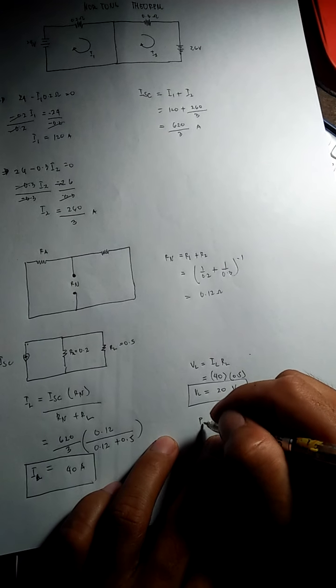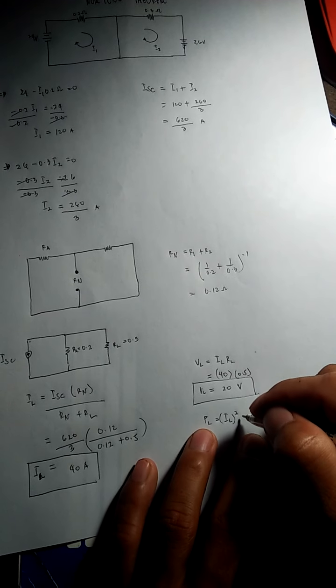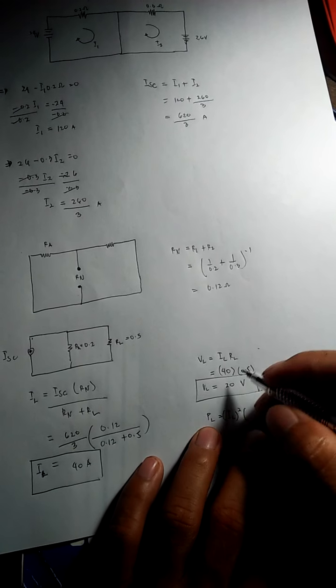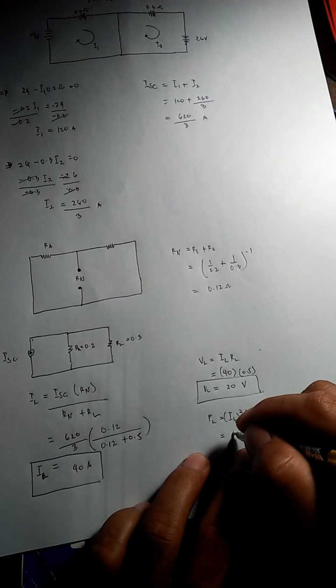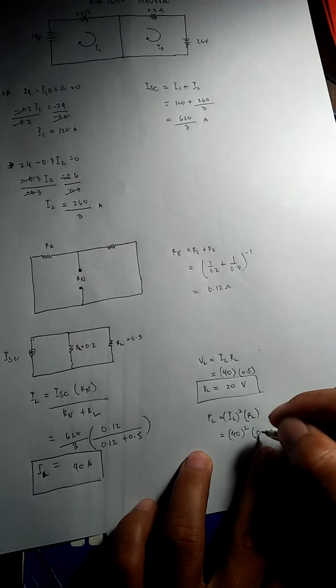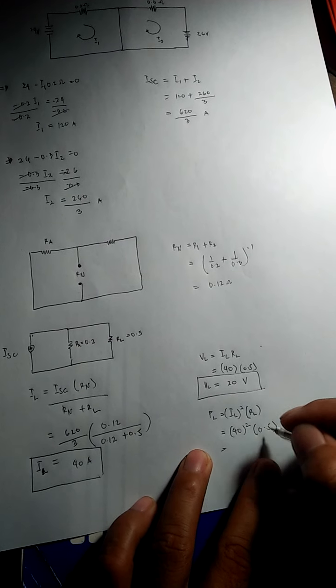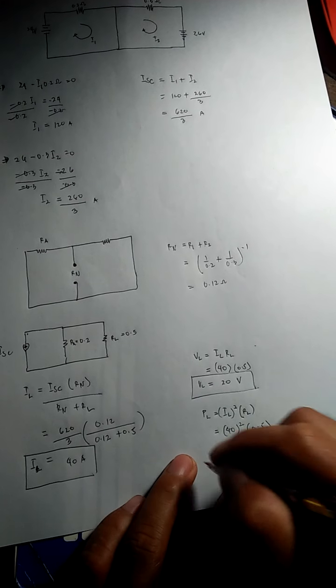Our PL is IL squared times RL, 40 squared times 0.5, which will have 800 watts.